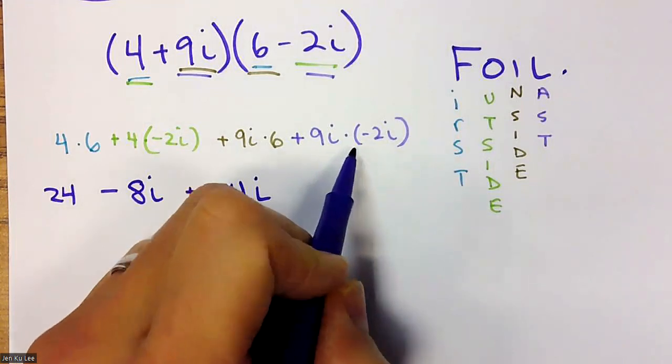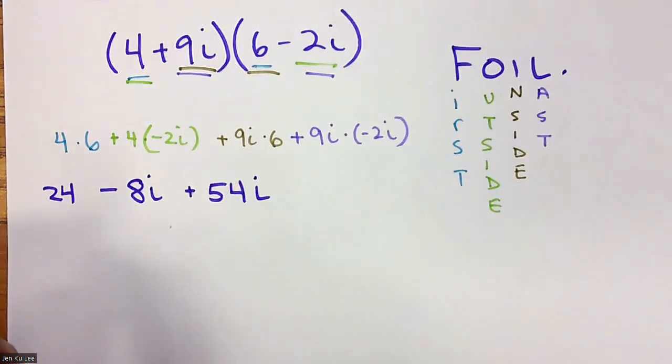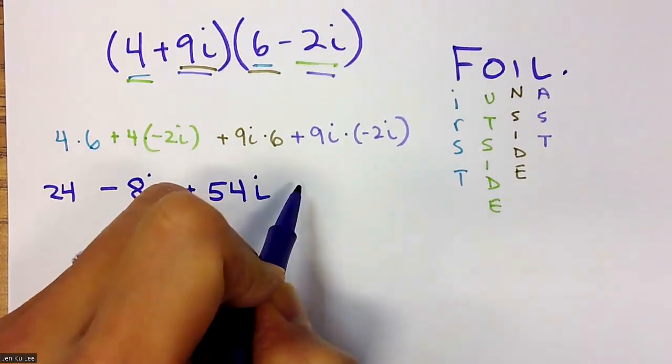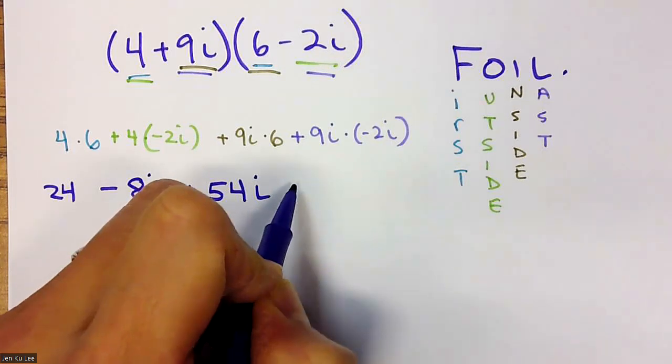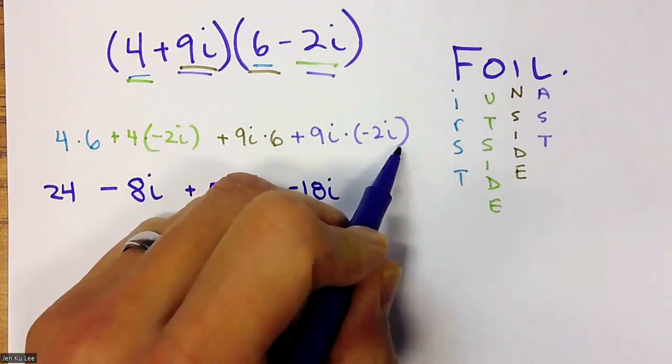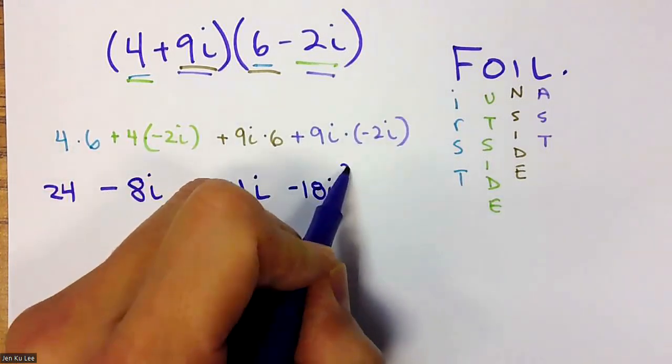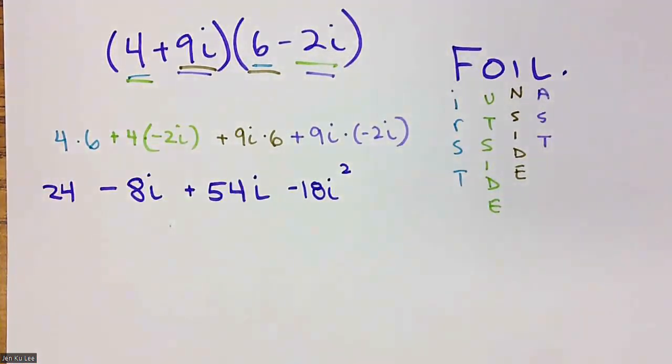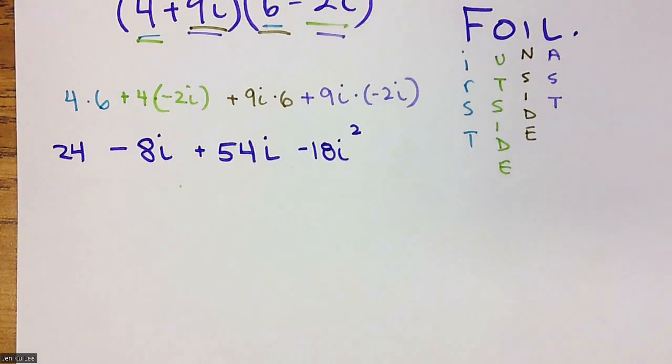And then 9i times negative 2i. Negative 18i, but there's i times i though. I squared. Okay? Can you guys see that?